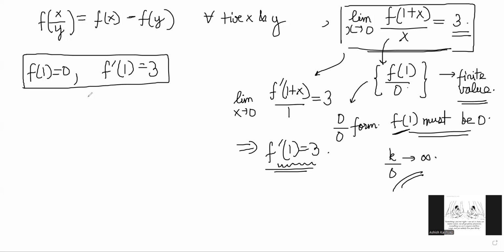So one way to handle such functional equations is to differentiate the equation with respect to x, and since x and y are independent variables, two different variables, there is no connection that we know between the two variables.